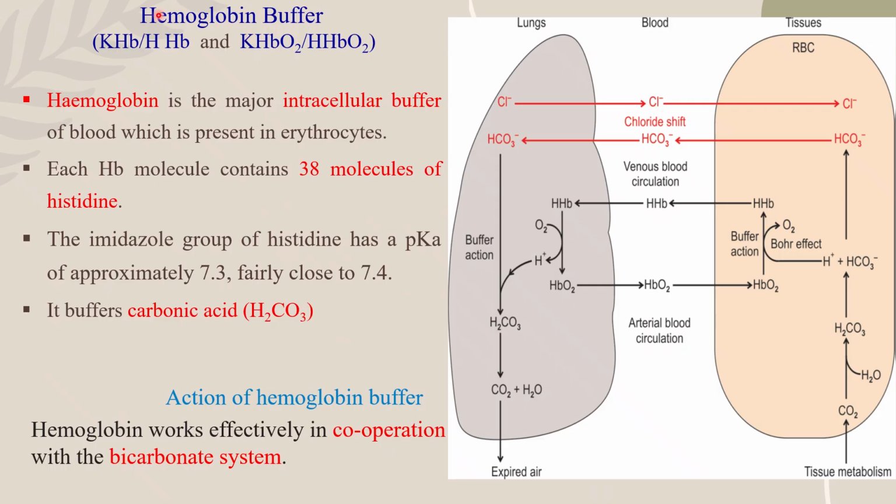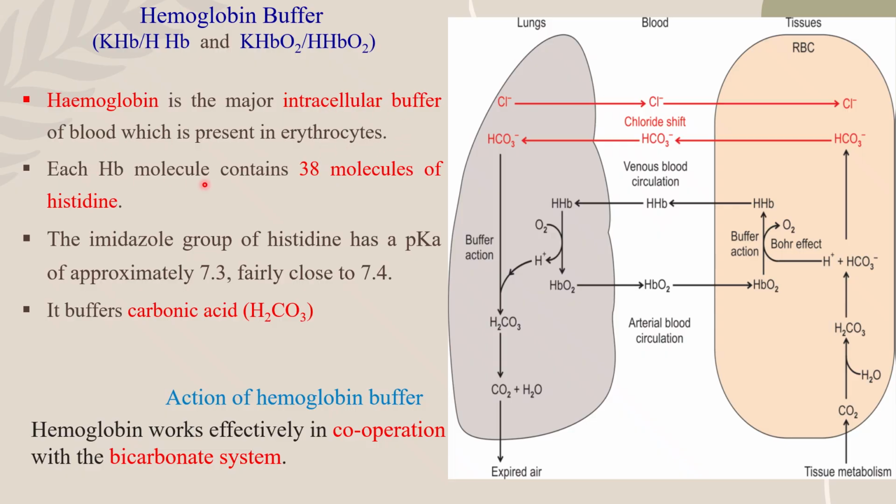Then the hemoglobin buffer. This is potassium-associated hemoglobin and hydrogen-associated hemoglobin, that is KHbO2, the oxyhemoglobin associated with potassium, and HHbO2, the oxyhemoglobin associated with H plus ion. Hemoglobin is the major intracellular buffer of the blood, present in the erythrocyte.